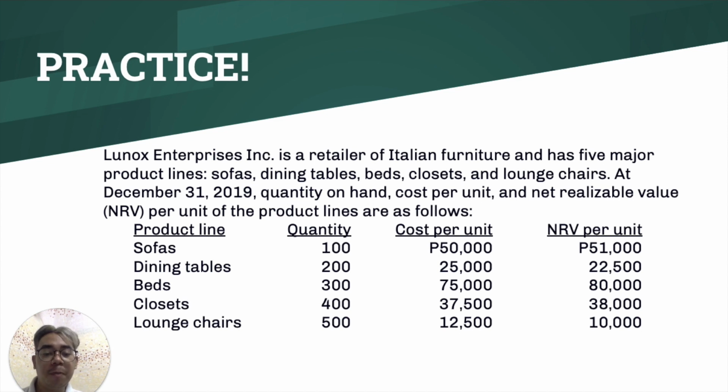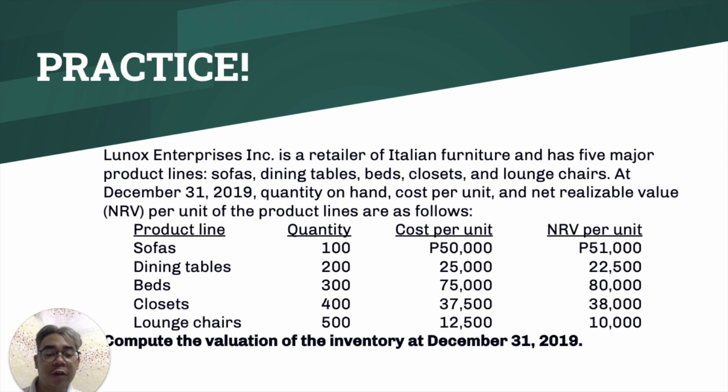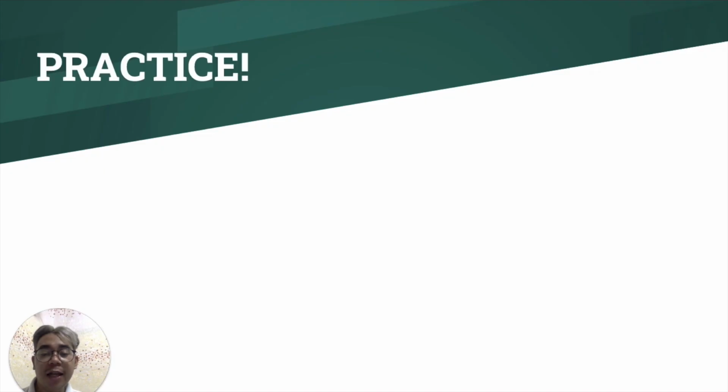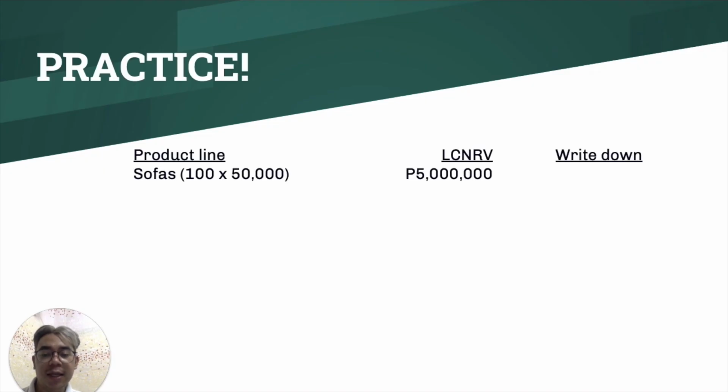So how do we compute the valuation of the inventory at December 31, 2019? So we do it this way, item by item basis. So for sofa, mas mababa ang cost, so that would be 50,000 times yung quantity 100. Yung LCNRV or lower of cost or NRV is 5 million. Dahil mas mababa ang cost, walang write down.